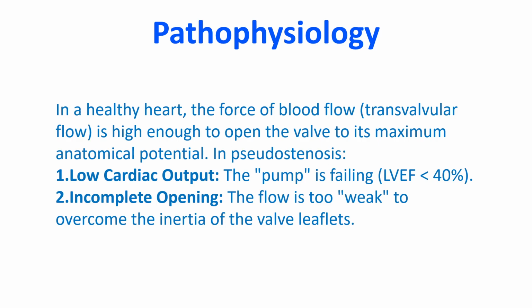In pseudostenosis, low cardiac output is present, the pump is failing with left ventricular ejection fraction less than 40%. Incomplete opening. The flow is too weak to overcome the inertia of the aortic valve leaflets.